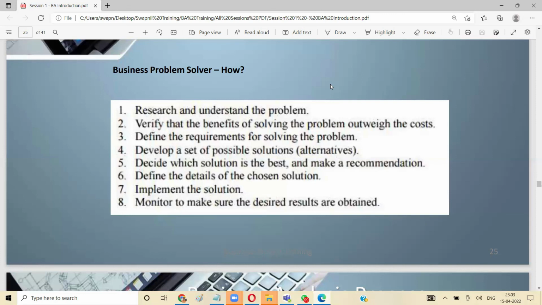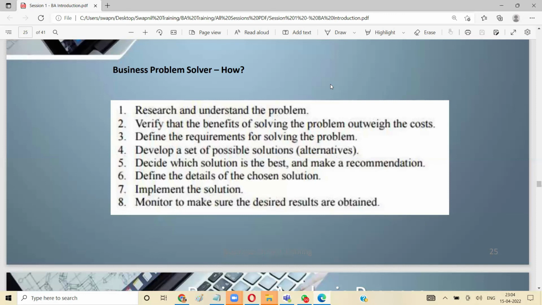When the solution you recommend has been accepted, then you get into the details of the solution, detailed requirements. Once you have the detailed requirements, you give them to the technical team to build it. Once they build it, then you will implement at the customer side. When the customer has implemented, then you will monitor to make sure that customers are getting the benefit which you have promised them. Right?